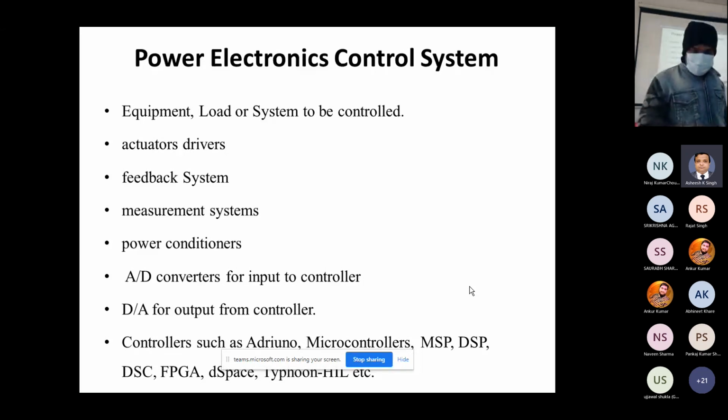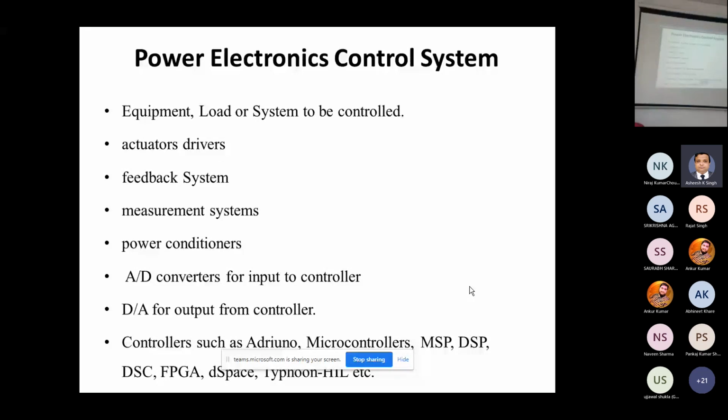There is another system, the feedback system. Generally the voltage, current, speed, and torque are the variables used for control purposes. The feedback system provides these quantities in terms of voltage to be given inside the controller.